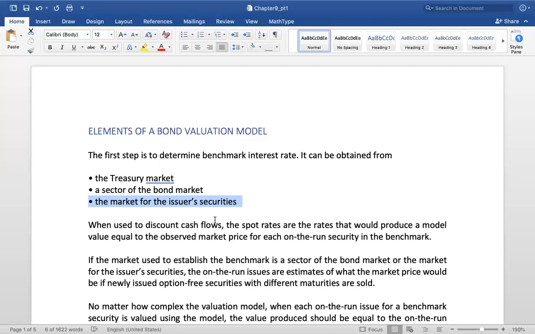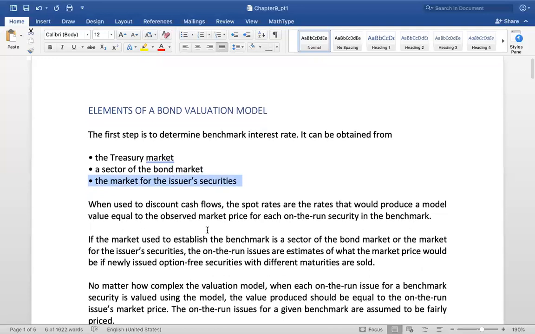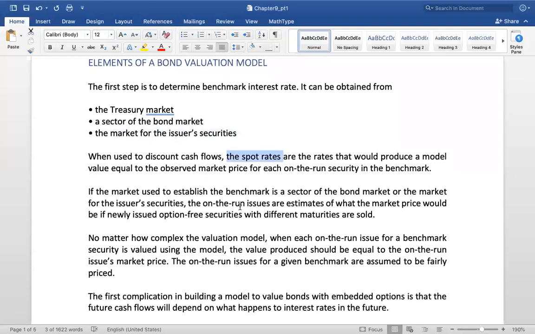When used to discount cash flows, the spot rates, or the rates that would produce a model value equal to the observed market prices for on-the-run securities in the benchmark. So we use the spot rates to value the particular embedded option bond.